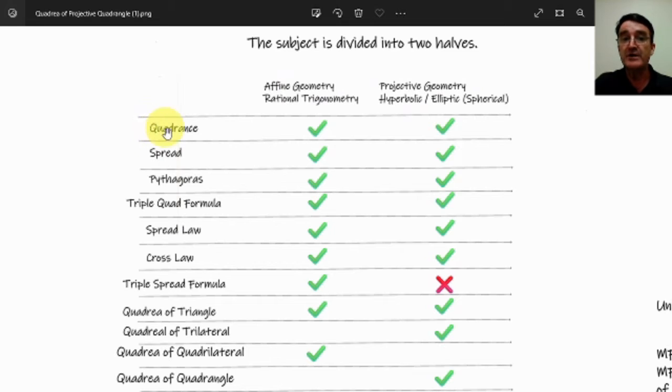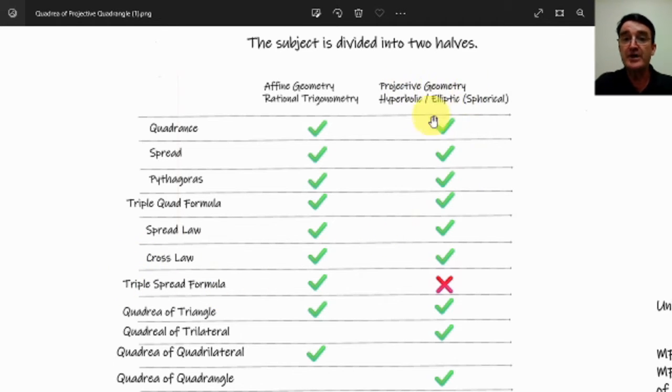The formulas are the quadrance between points and the spread between lines. There are 9 main laws in the subject, 5 main laws in rational trigonometry, which are Pythagoras' theorem, the triple quad formula, the spread law, the cross law, and the triple spread formula.